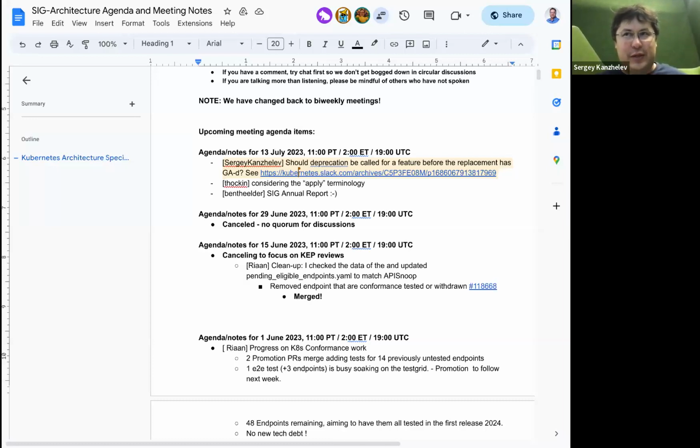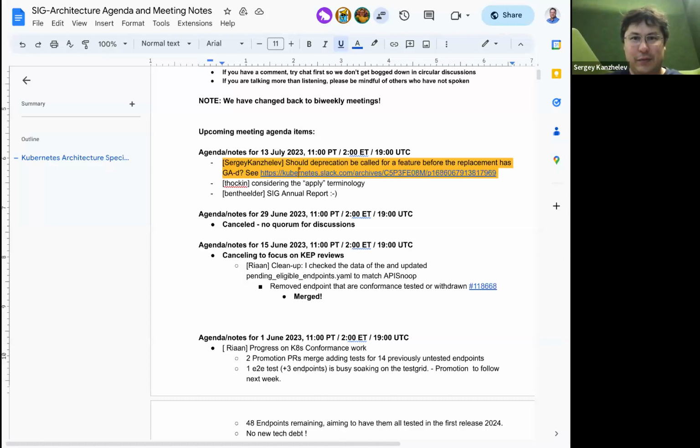So the question is, and after a short discussion, we said that we definitely need to bring it to SIG Architecture to clarify what we want to define as a deprecation and when we can deprecate. But also, we said that maybe we can mark something as deprecated, but say the deprecation timer is not started here. So it's deprecated with a suggestion to migrate, but we don't start the timer of deprecation.